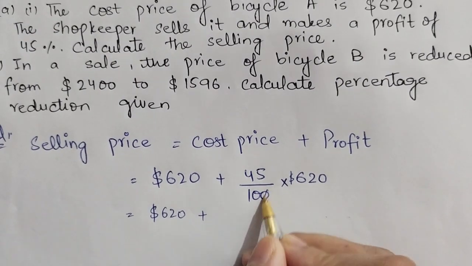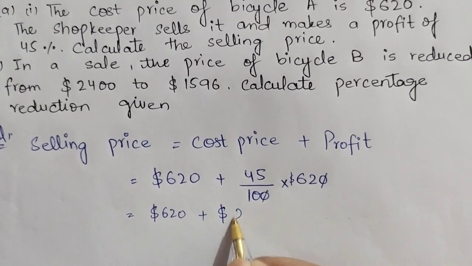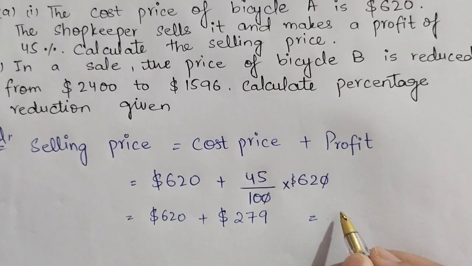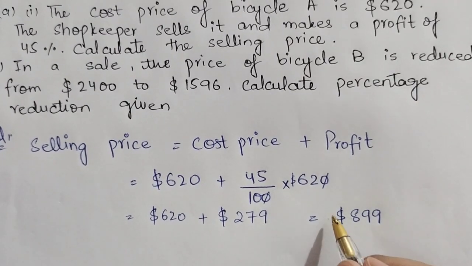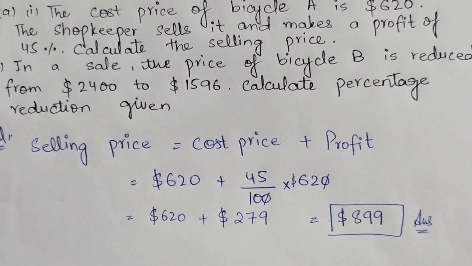Use a calculator to find the simplification, and we get the answer $279. Add both the numbers, and you will get the selling price of $899. It means he sold the bicycle for $899. So this is part A.